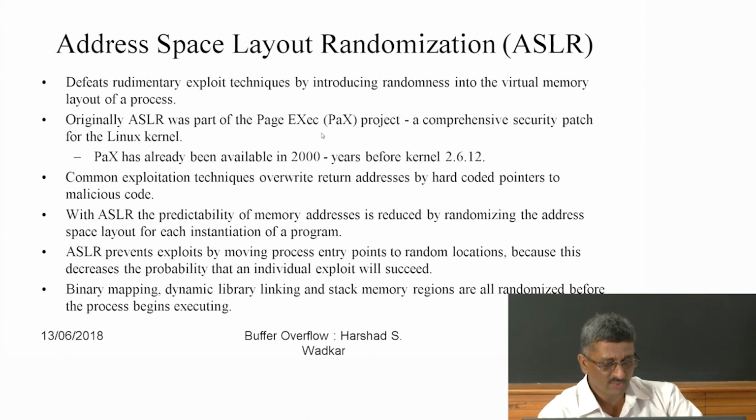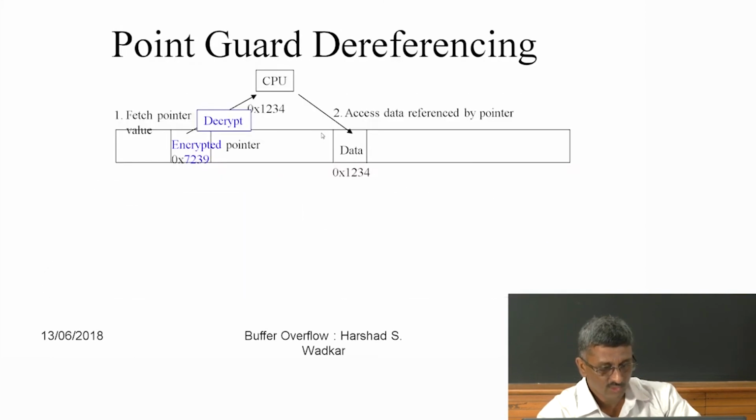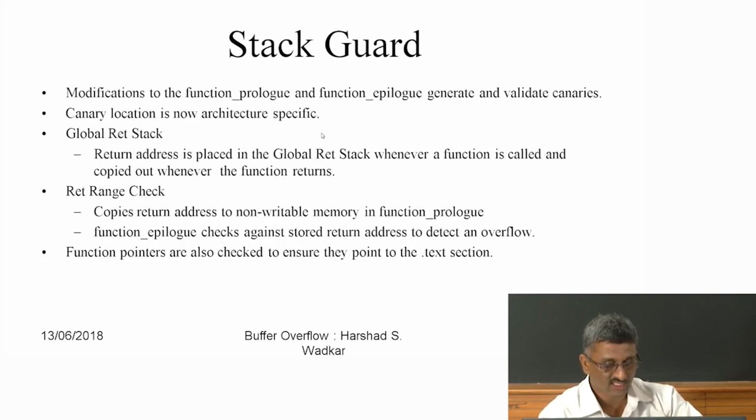ASLR prevents exploits by moving process entry points to random locations. Because of this, the probability that the attacker is going to succeed in exploiting this is reduced. We can stop those things. Basically, we can modify these SFPs and return addresses at runtime.